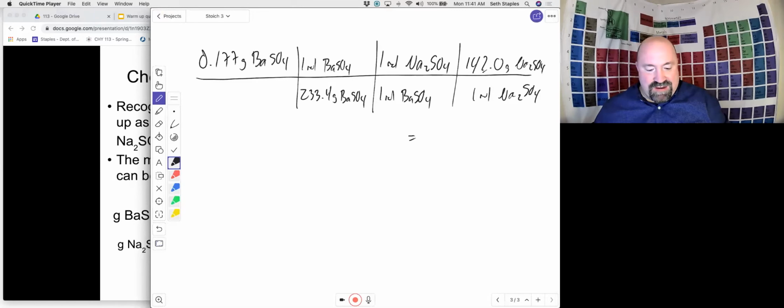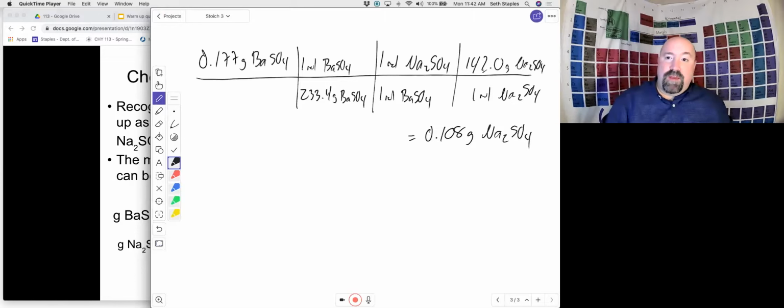We find that our initial sample contained 0.108 grams of sodium sulfate. That was how much sodium sulfate had to have been in our initial mineral sample, or that initial sample of thernodite had to contain 0.108 grams of sodium sulfate.